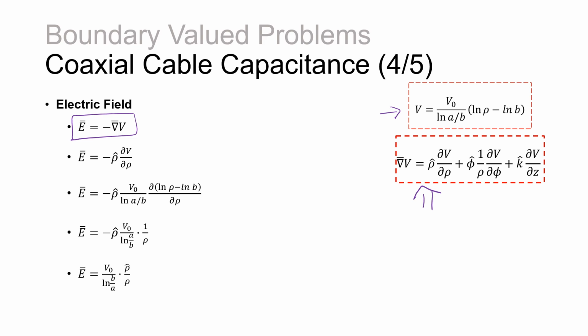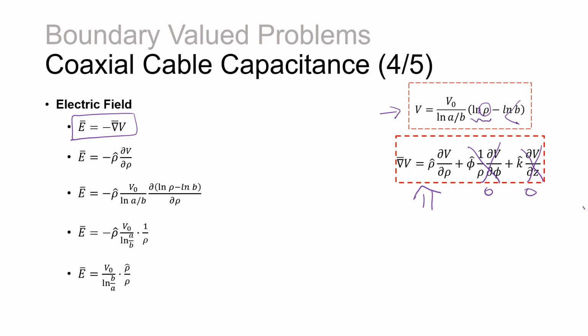Again, our V is only a function of rho, so we can cancel directly the other two components, they will reach 0. So we only need to differentiate in terms of rho, and our field is in the direction of rho. Doing so, only ln rho can be differentiated.